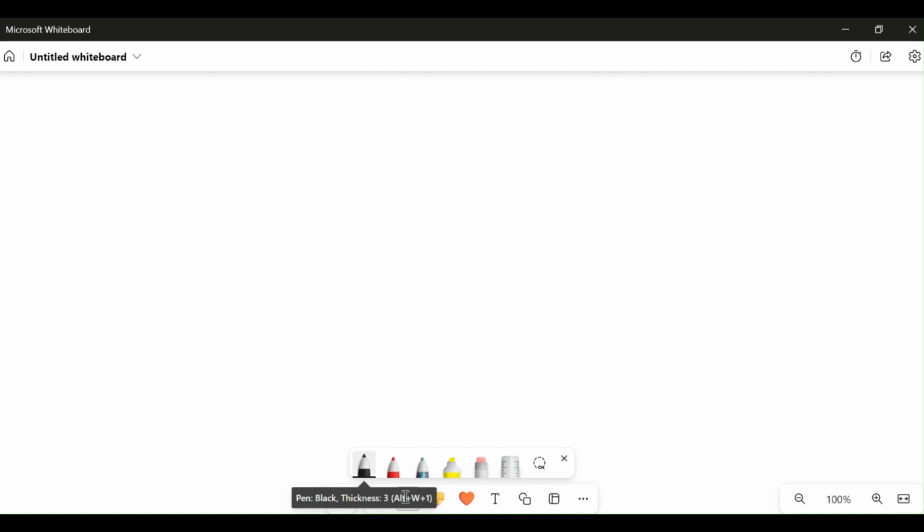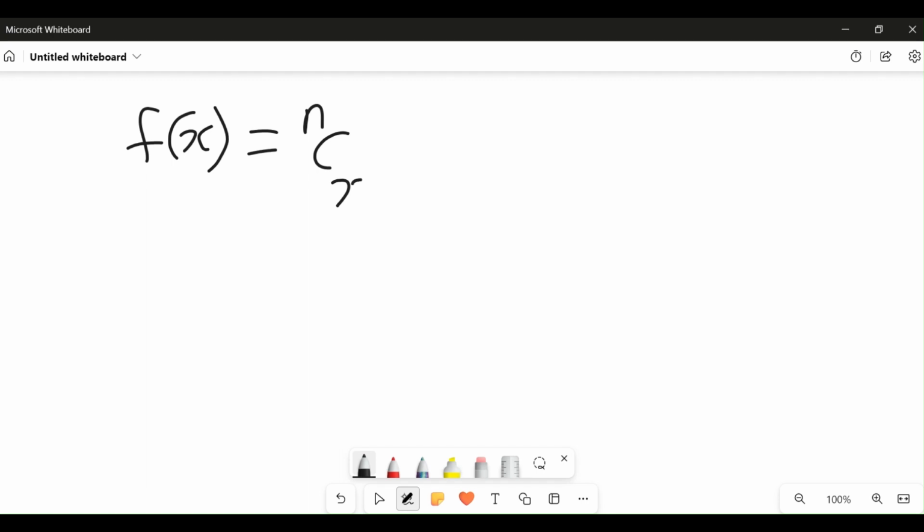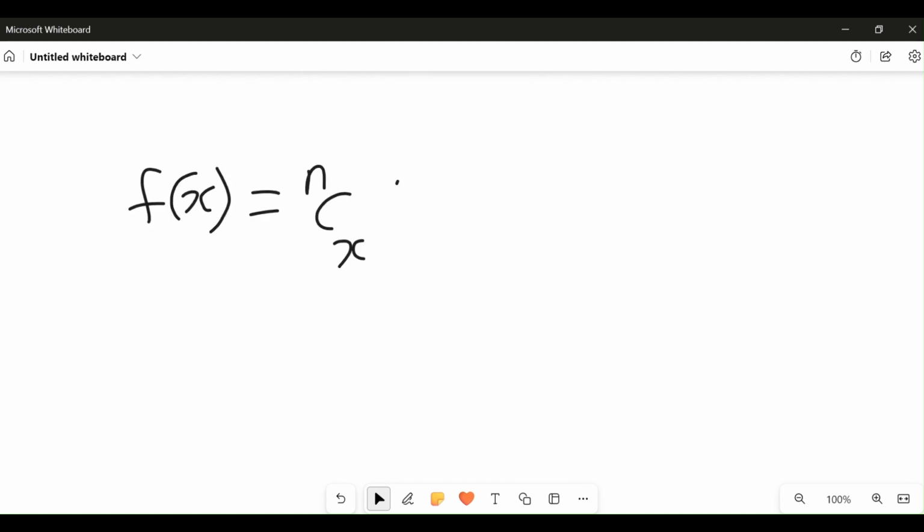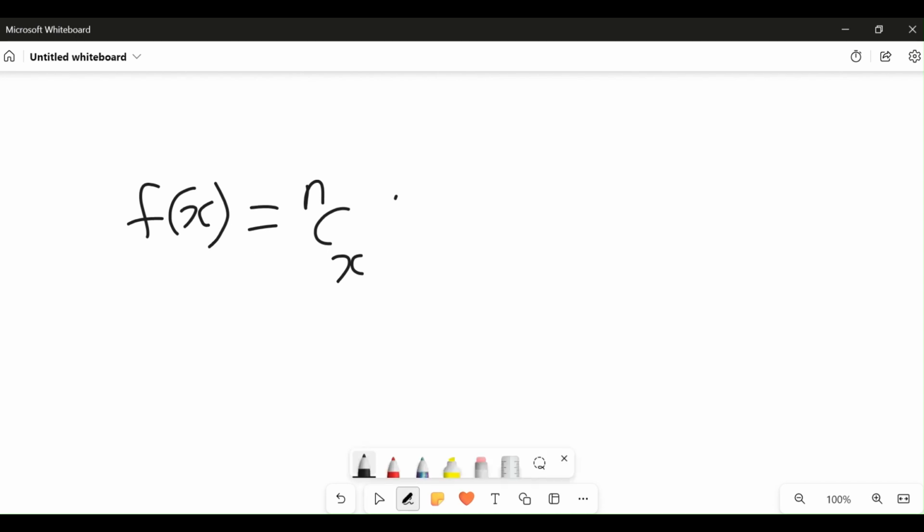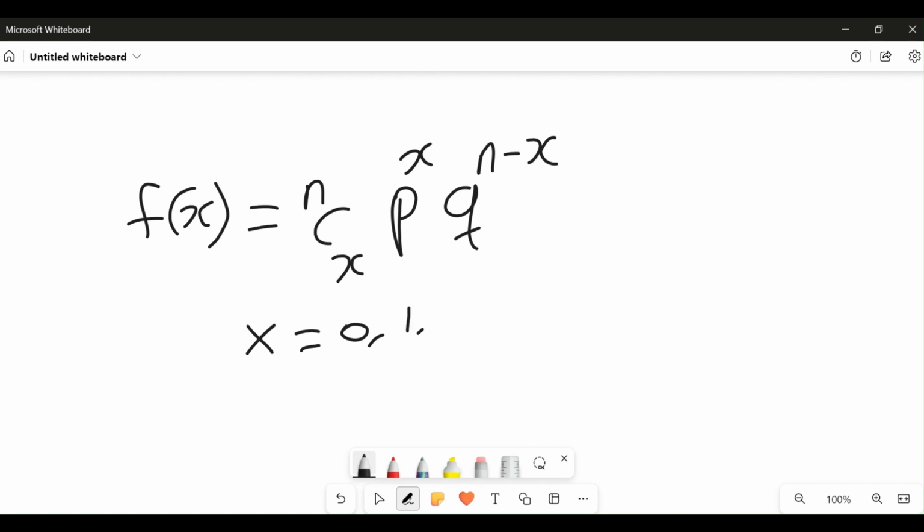We have to find f of x equals n combination x, p to the power x, q to the power n minus x, where x is equal to 0, 1, 2, and n is equal to 4.